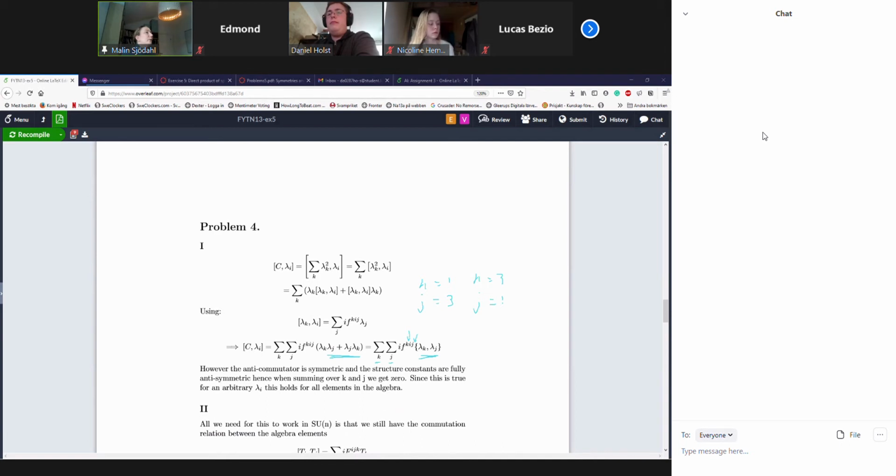I would not have written out that it's the anti-commutator, but I would just have noted that the expression itself is symmetric in J and K, whereas the F is anti-symmetric in J and K. So just knowing that, it vanishes, but sure, you can write it as the anti-commutator if you want. So thanks. I think it was a good and clear solution.